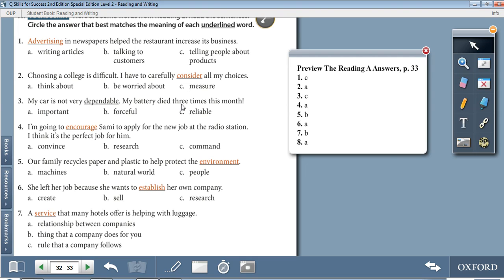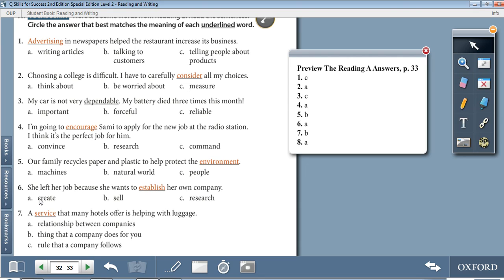3. My car is not very dependable. My battery died 3 times this month. C. Reliable. 4. I'm going to encourage Sammy to apply for the new job at the radio station. I think it is the perfect job for him. A. Convince. 5. Our family recycles paper and plastic to help protect the environment. B. Natural world. 6.